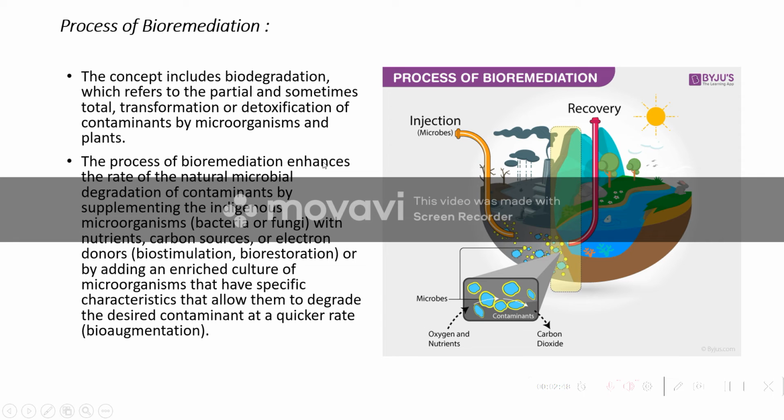The process of bioremediation enhances the rate of natural microbial degradation of contaminants by supplementing the indigenous microorganisms such as bacteria or fungi with nutrients, carbon source, or electron donors, such as biostimulation, biorestoration, or by adding enriched culture of microorganisms that have specific characteristics that allow them to degrade the desired contaminant at a quicker rate, that is bioaugmentation.